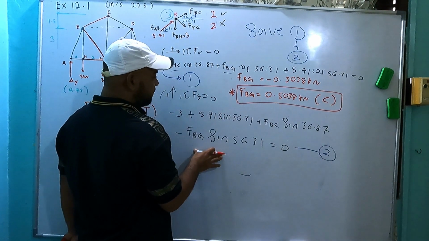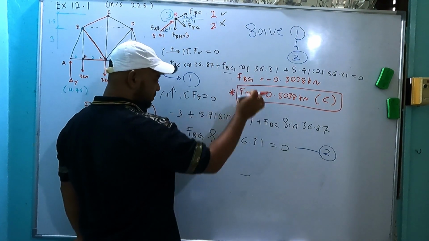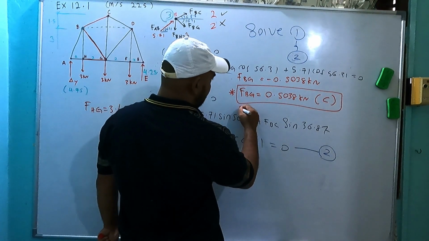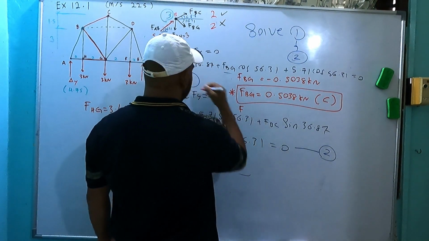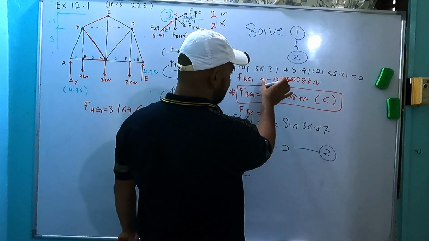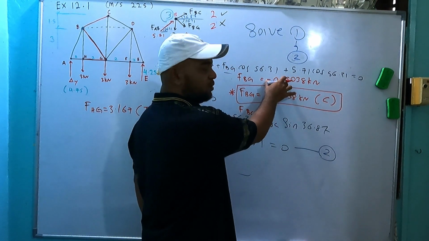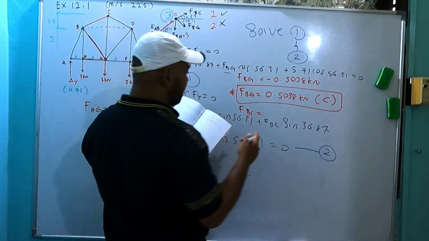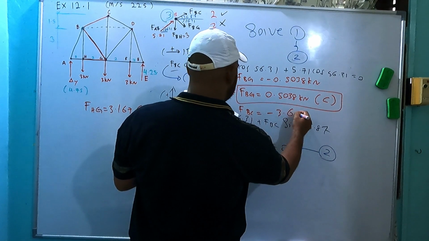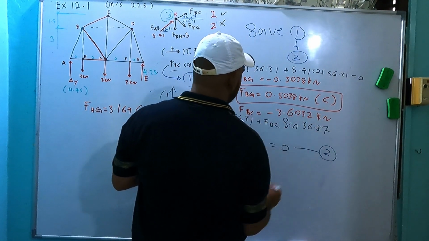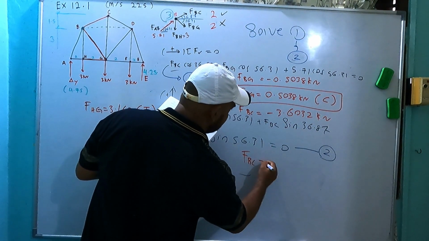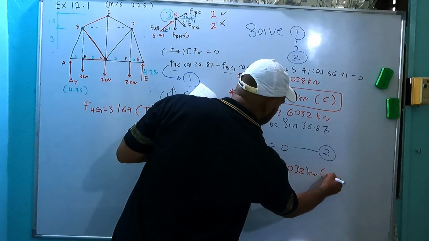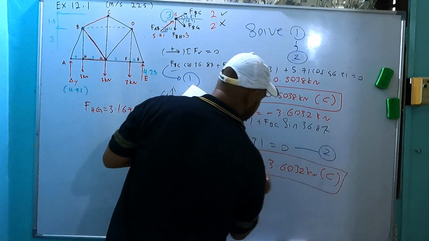Then you put back the original value, negative, inside. If you solve from 2, you put in 1, then you put this one back in the second equation, and we have FBC. Make sure you put the original one from the calculation. So with the negative in here, you have FBC negative 3.6032 kilonewton, which means that FBC is equal to 3.602 kilonewton, also in compression.